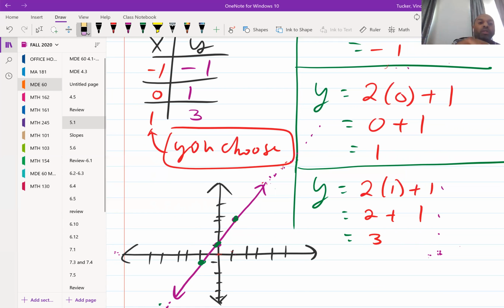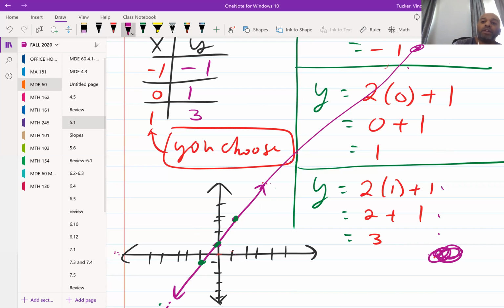So going back to what I was saying, how it doesn't matter what values you choose for x. If you were to choose x equal to 20, that would be something way over here. Then that will give us a y value way over here that will still connect to this line.